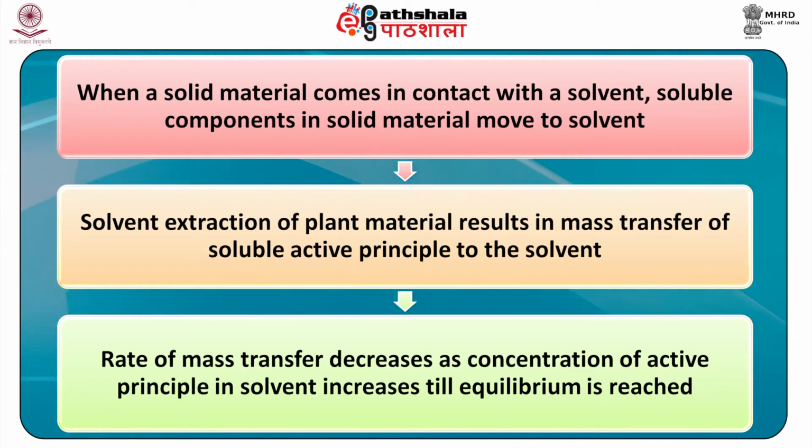This continues until equilibrium is reached, that is, the concentrations of active principle in the solid material and the solvent are the same. After that, there will no longer be a mass transfer of the active principle from the plant material to the solvent.